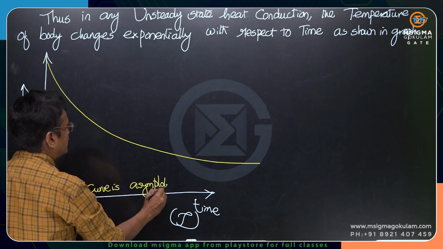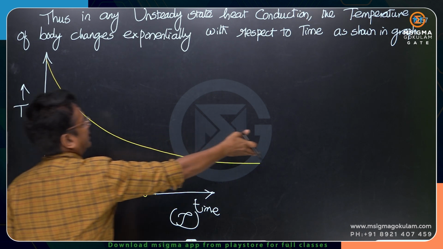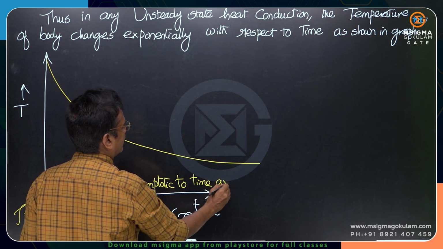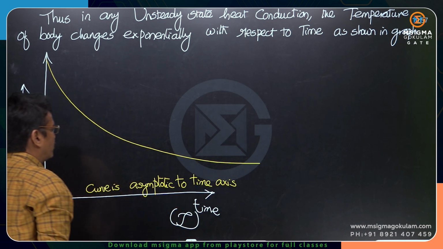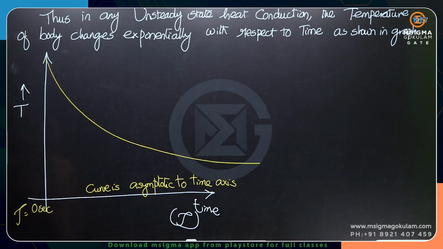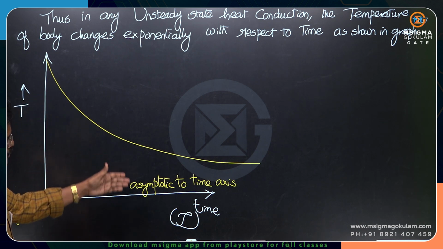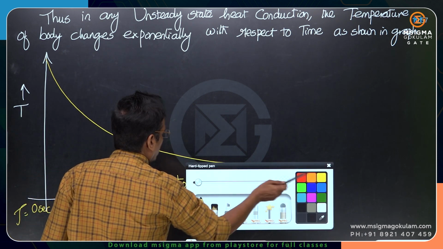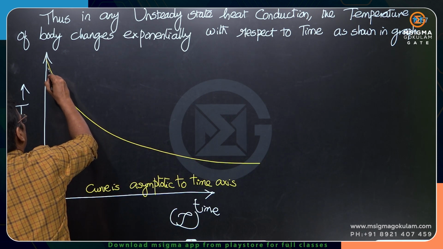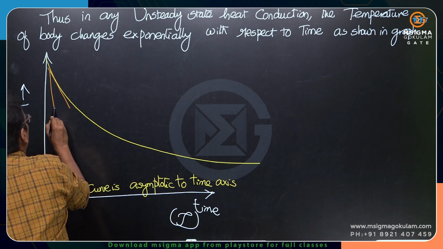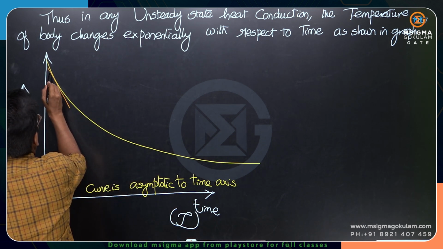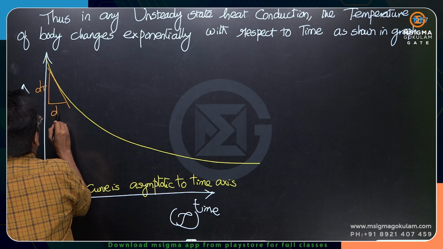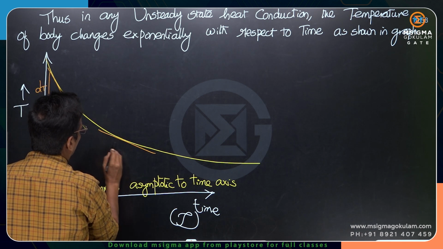Asymptotic means it will not touch even at a great distance. So, the temperature of the body keeps changing with respect to time as shown in this graph. Initially, the slope dT by d tau is very steep, very high. But after some time, dT by d tau decreases.